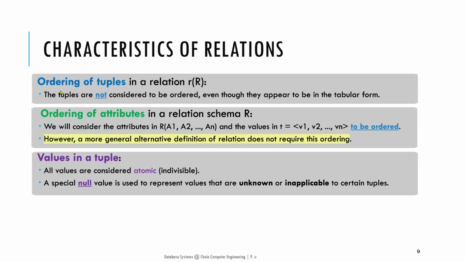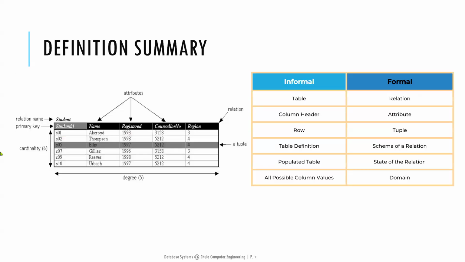Now, what about the attributes? On the attribute side, it's different, because for the attributes in a relation, we consider the attributes and their values to be ordered. You have the attributes here: student ID, name, registered counselor number, and region.